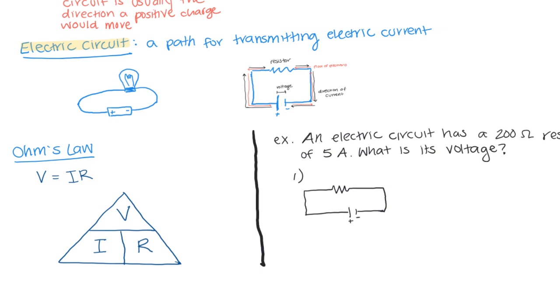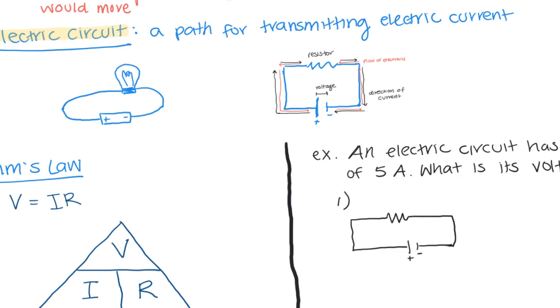It's traveling through a path. What does it need in order to travel? This is what we are doing with an electric circuit. So we need a battery to create a voltage in order for that electric current to travel.